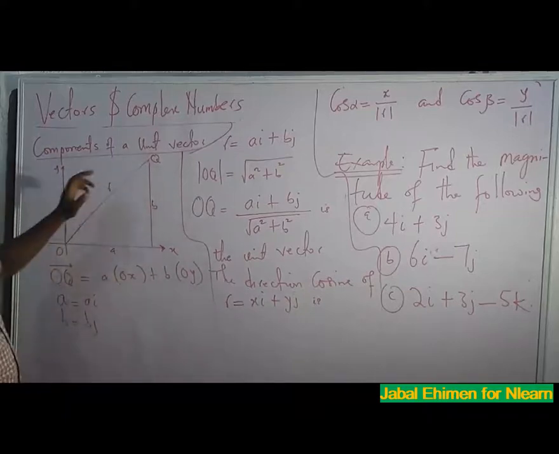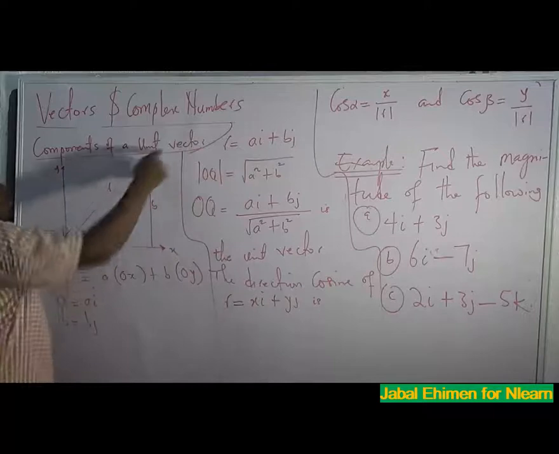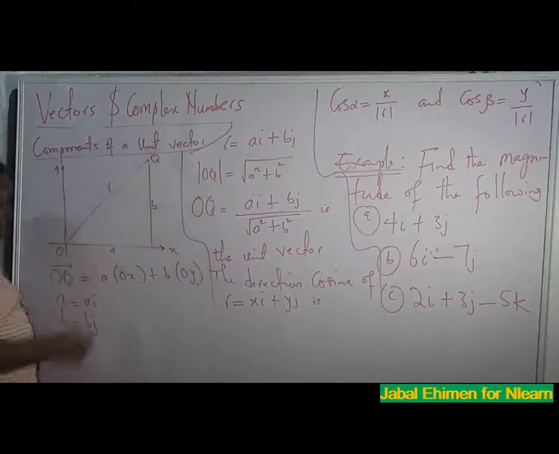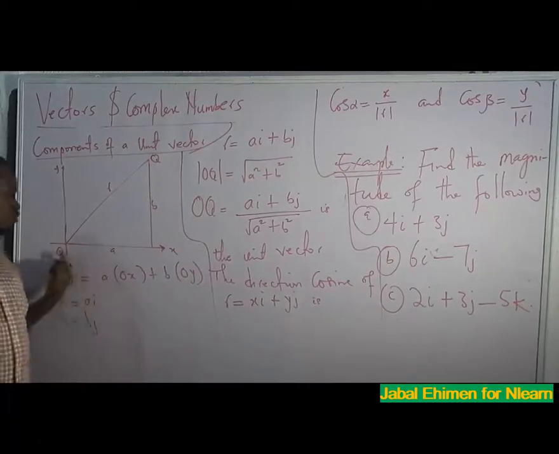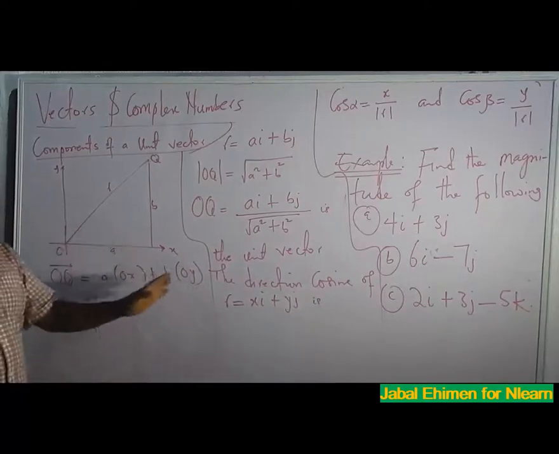For the resultant of this vector, the direction of this resultant is OQ, from the origin down to the value of Q. So OQ will give us A in the direction OX and B in the direction OY.